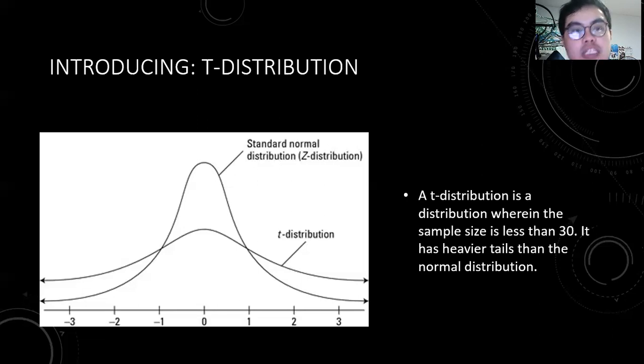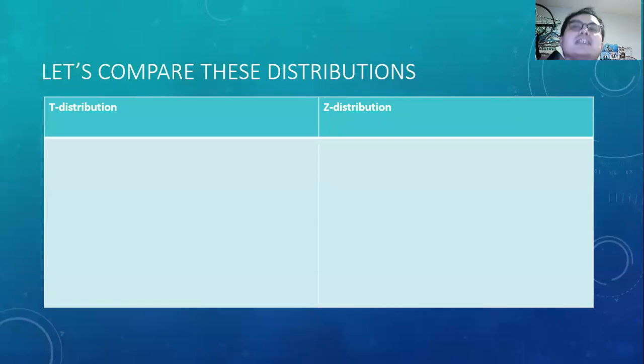The locale is the school. Then he has decided to choose simple random. He will be using Slovin's formula to determine the sample size. Presumably the sample size is higher than 30, and since it's higher than 30, he's going to use the z-distribution. Then here let's compare this distribution.